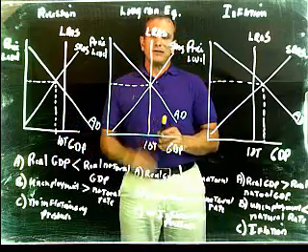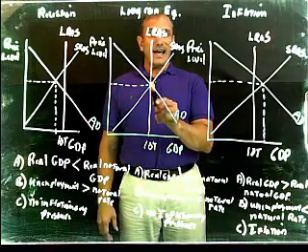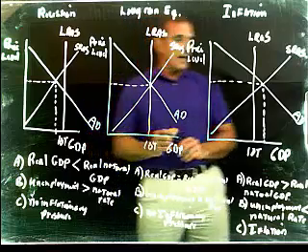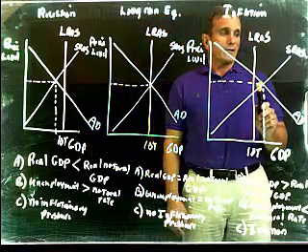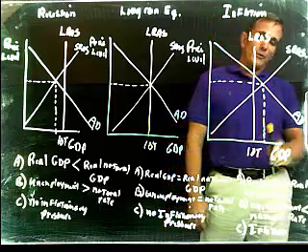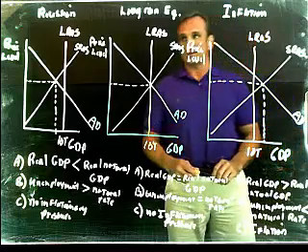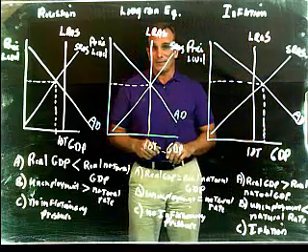Long-run equilibrium exists when aggregate demand and aggregate supply intersect at long-run aggregate supply. And an inflationary gap exists when aggregate demand and short-run aggregate supply intersect at some point beyond long-run aggregate supply. These are the three possible states of the economy.